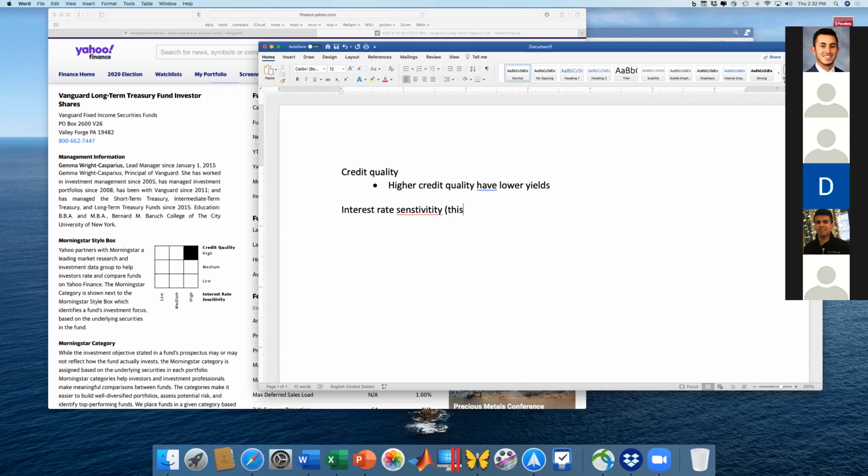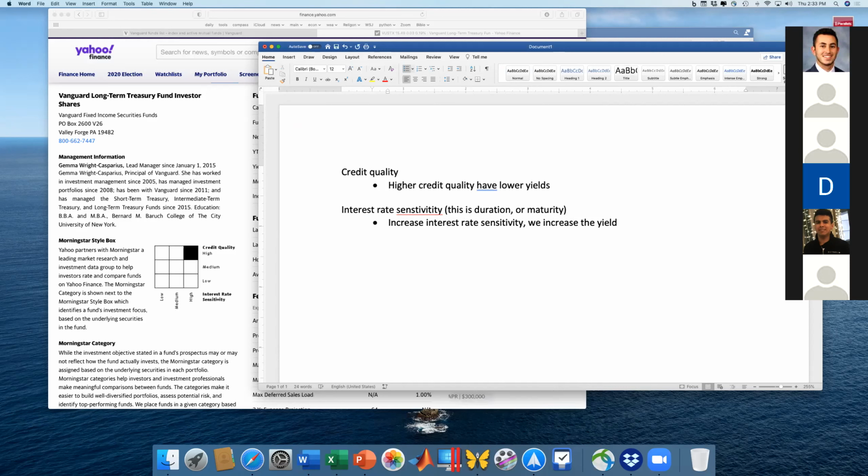This is duration or maturity. Interest rate sensitivity or maturity. As we increase interest rate sensitivity, we increase the yield.